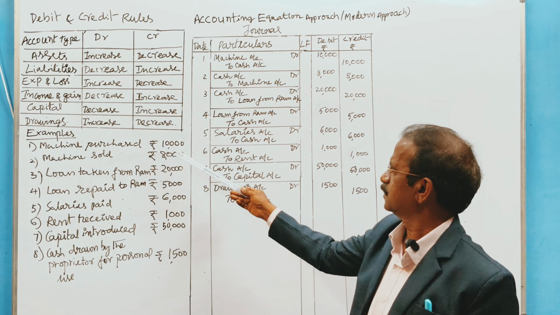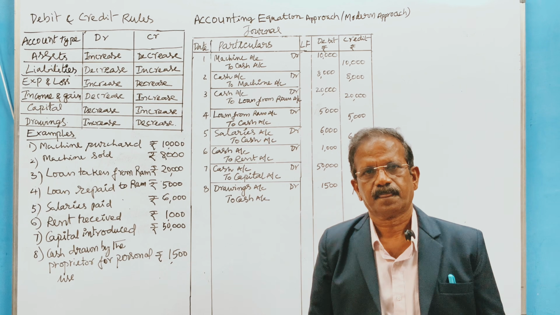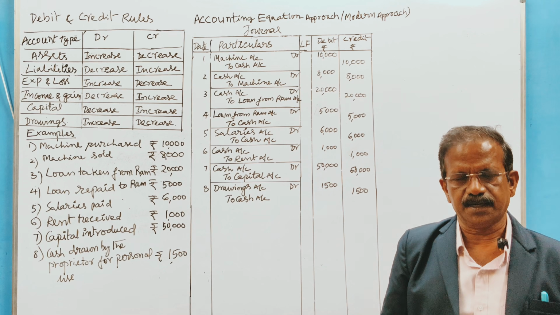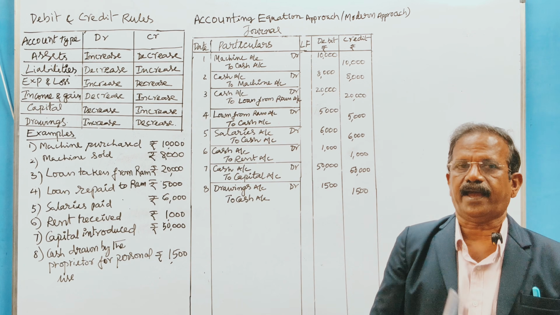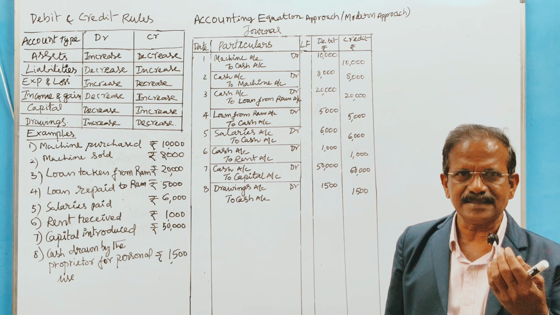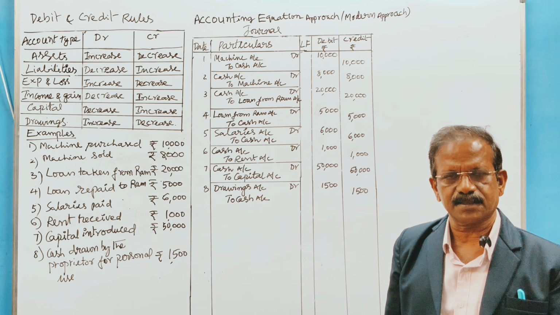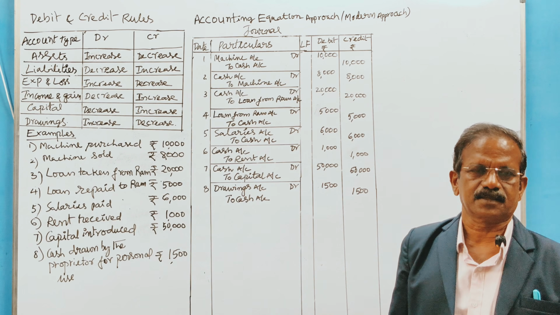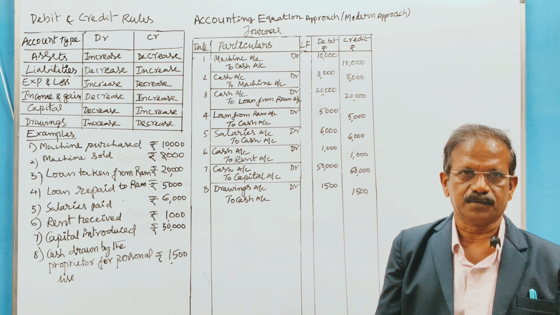Machinery purchased rupees 10,000. In this transaction, we received a machinery and we gave cash. Both are assets here. Machinery is an asset, cash is also an asset. One asset is coming, one asset is going.